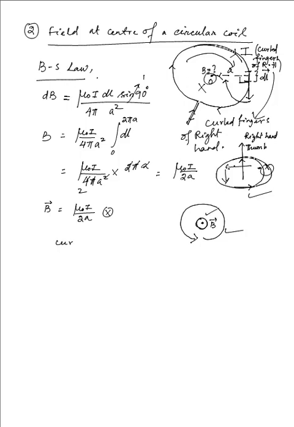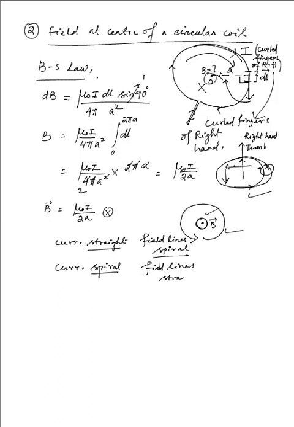So current straight, field lines spiral, and the current spiraling, or being along a curved path, if the current spirals, the field lines will be straight. It's as simple as that.